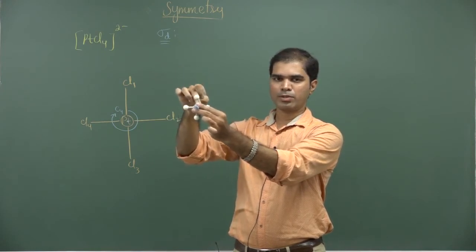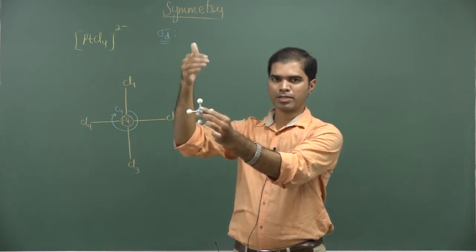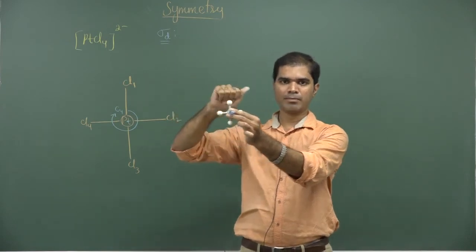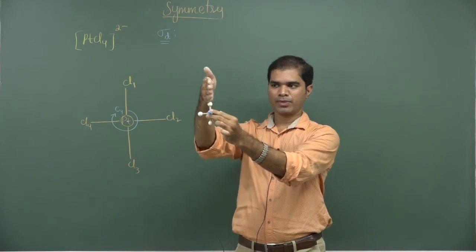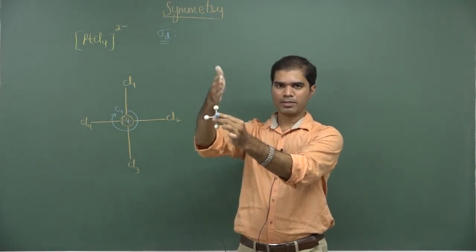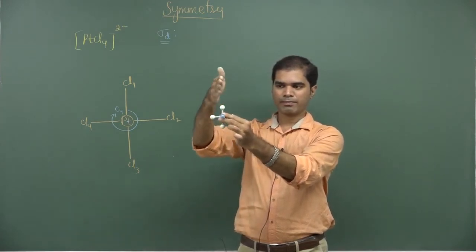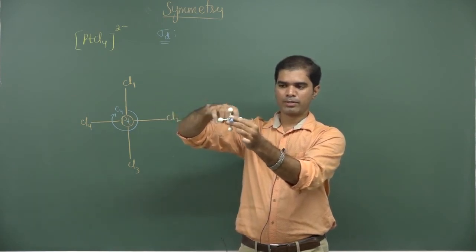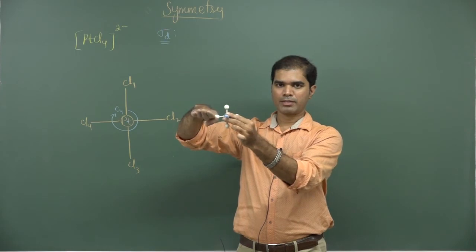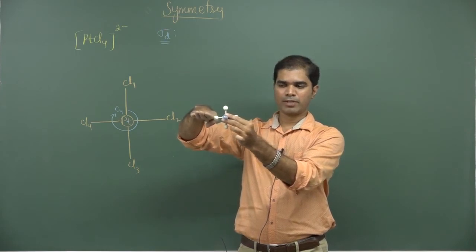It should also pass through platinum. Every time I did not repeat, it is passing through platinum because platinum is the central atom. It is passing through 2 chlorines. One plane parallel to this is a sigma V. Now this one is passing through these 2 chlorines parallel to the principal axis. I can also call this a sigma V.